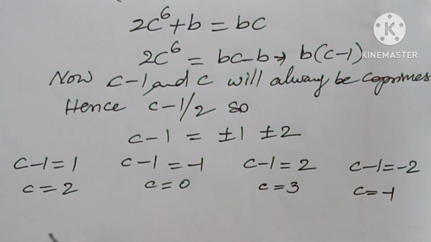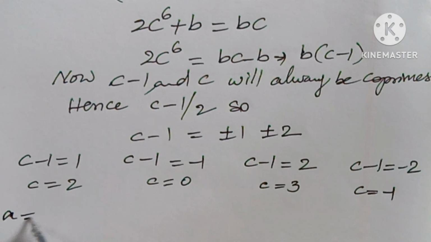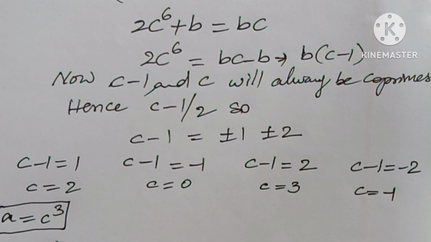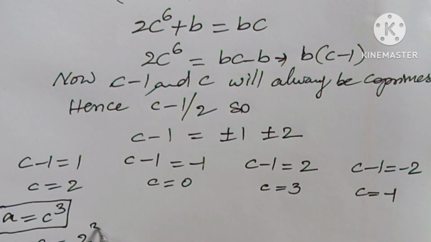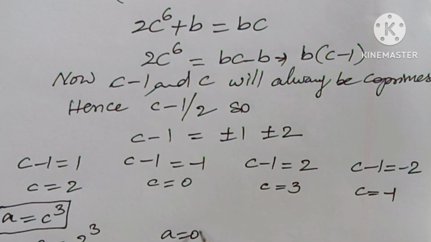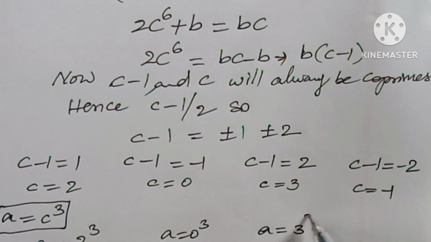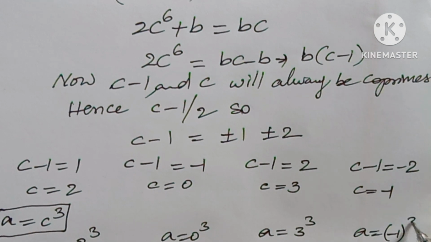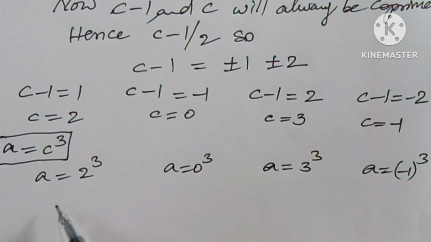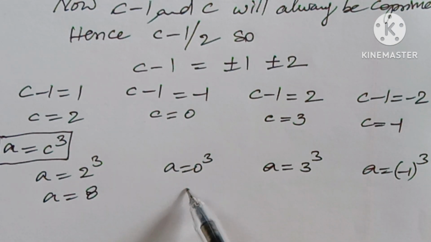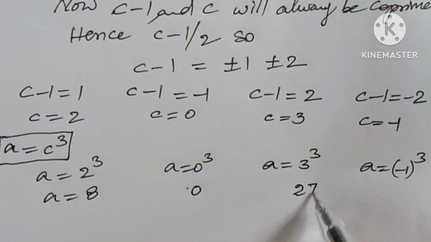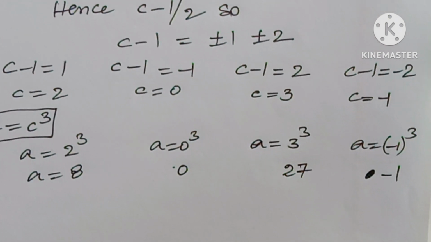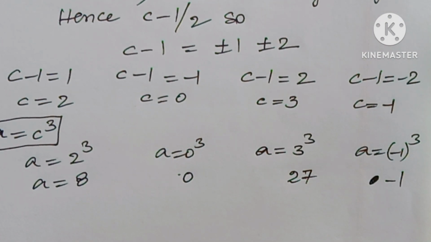Since we have taken a equal to c³, a is 2³, 0³, 3³, minus 1³. Now a will be 8, 0, 27, minus 1.